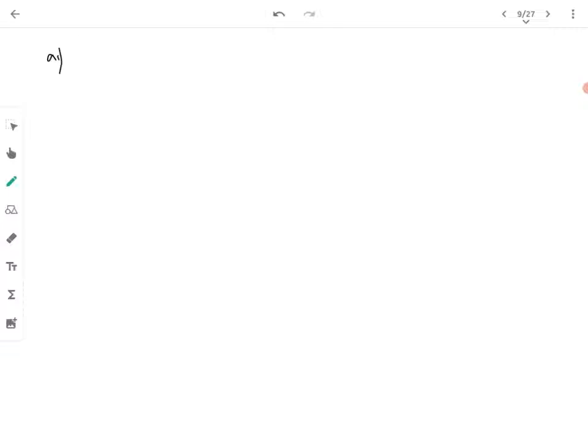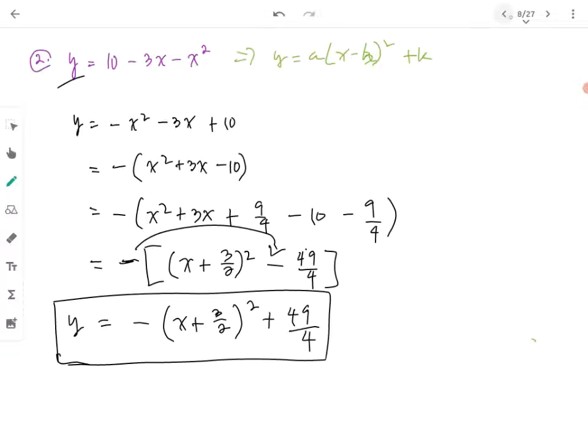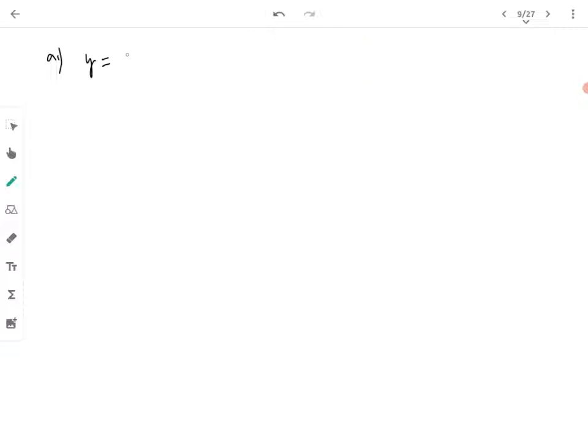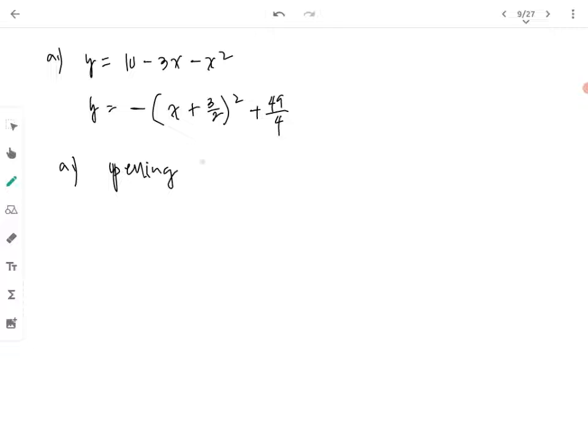So again, let's rewrite it. Y equals 10 minus 3x minus x squared. Letter A is the opening of the graph.